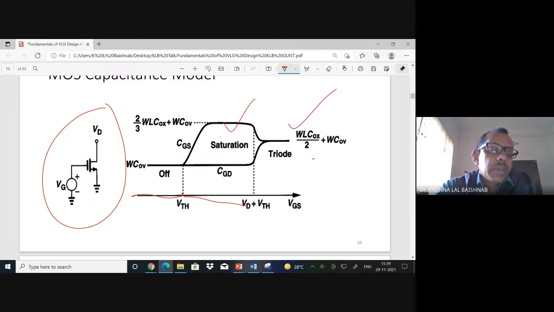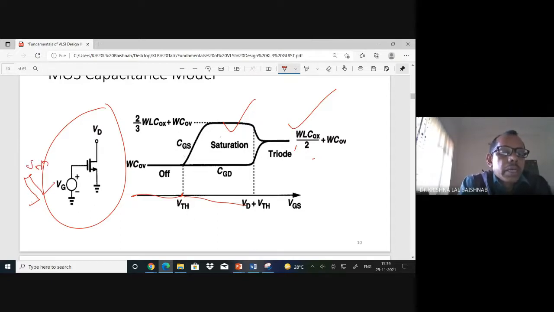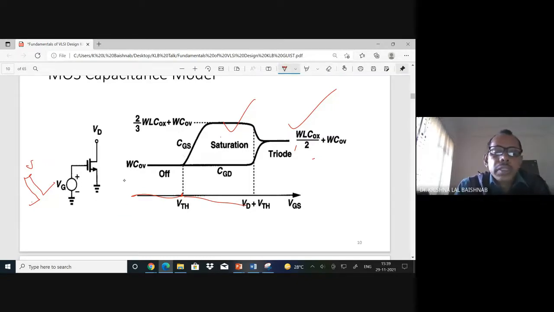If I give a very high pulse, it goes to the triode region. If I give a big pulse signal over here, a large signal, it comes to the triode region. Whenever we give a pulse at the MOS, it becomes the triode region.